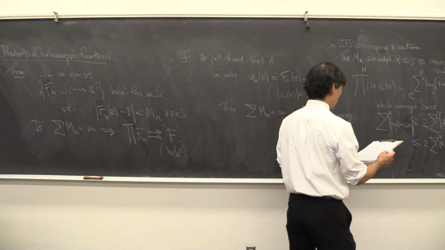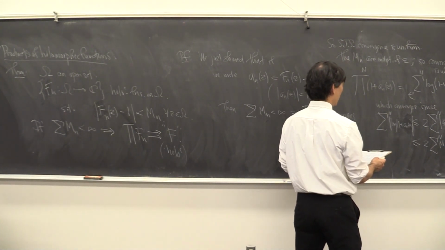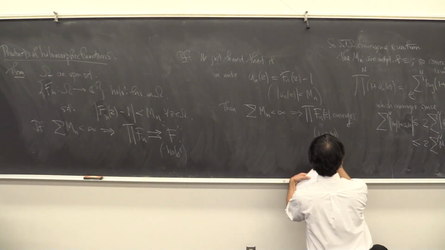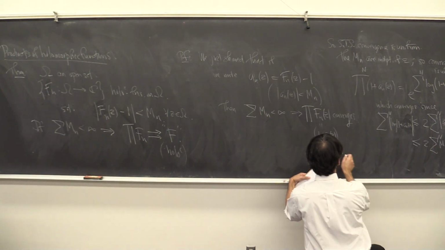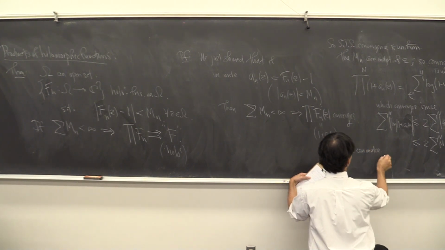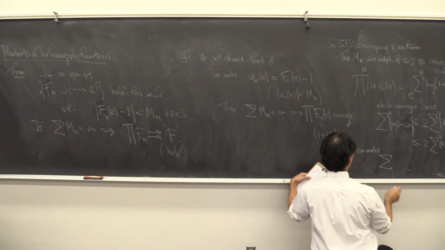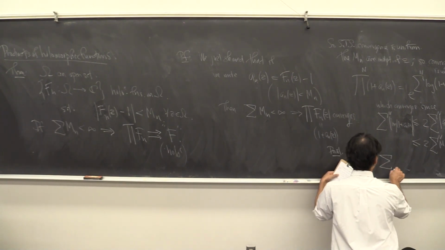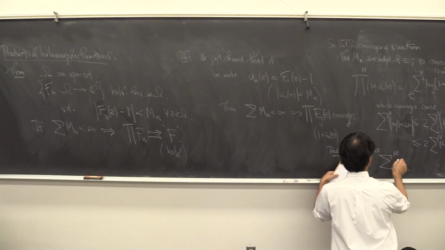So the point is that we can make the summation from n to m small.